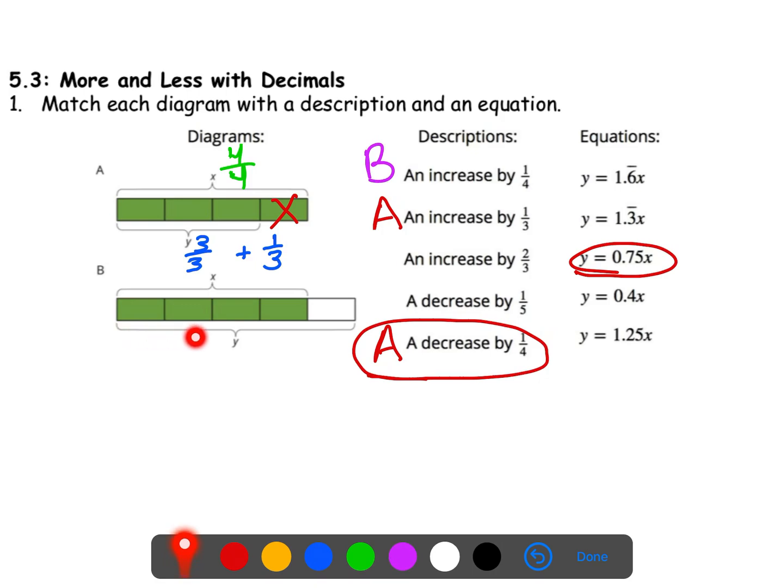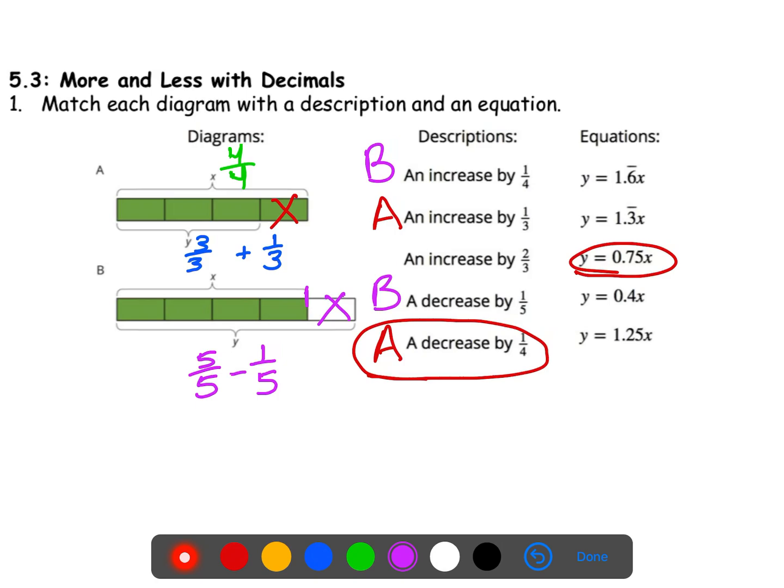Or if we started by looking at y, we would have to decrease it by 1 part to equal what x is. If y is this total bar, 1, 2, 3, 4, 5 parts, then y would be 5/5, and we would remove 1/5 to get down to where x is.